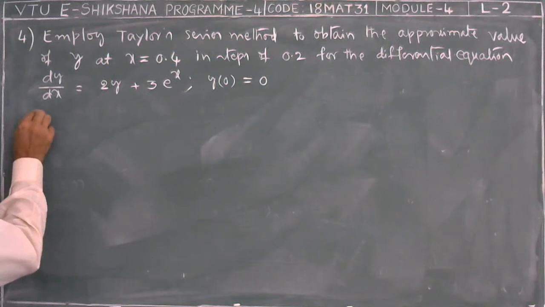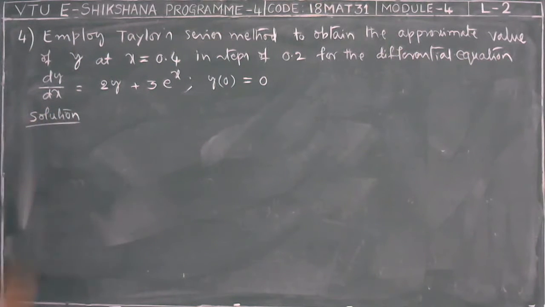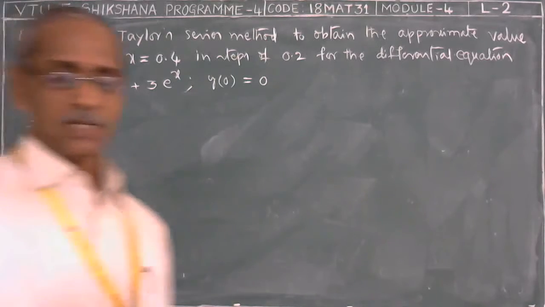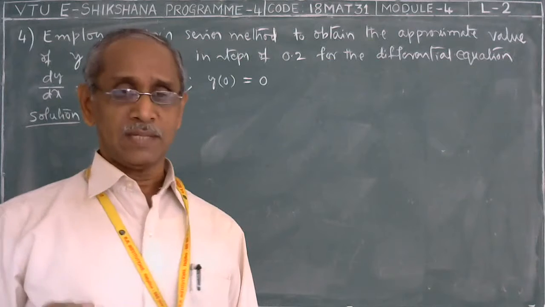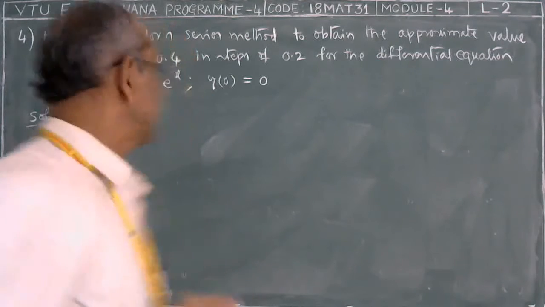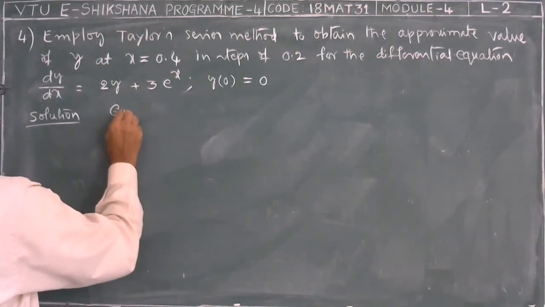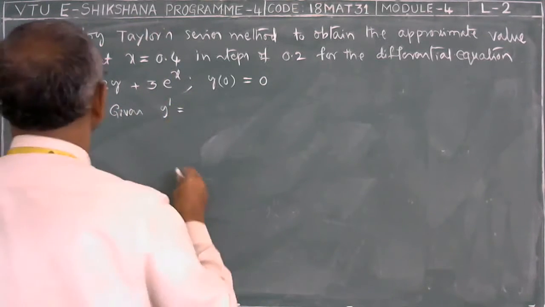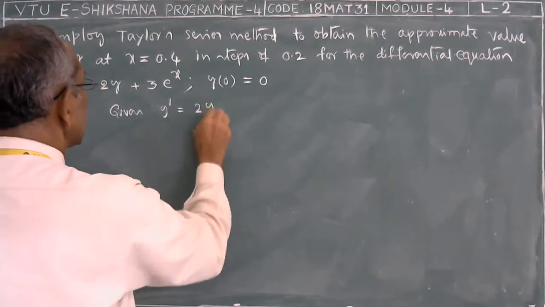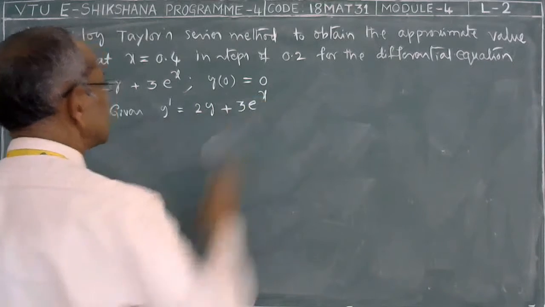Before we go for calculation, first we should write down what is given in the problem and also mention what is to be done. Given y dash is equal to 2y plus 3e power x.